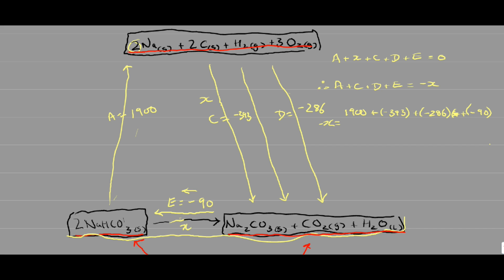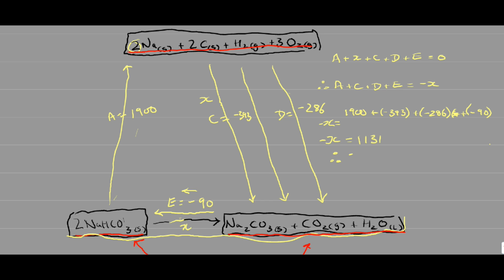So I'm just going to do that sum on my calculator. So minus x equals 1131.